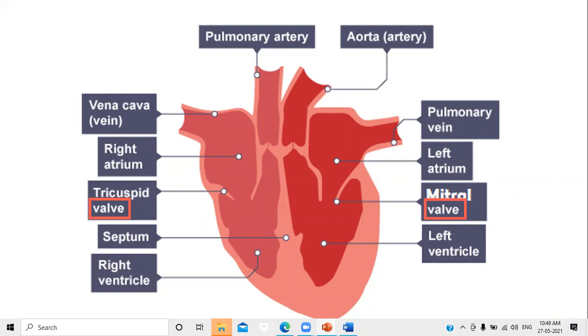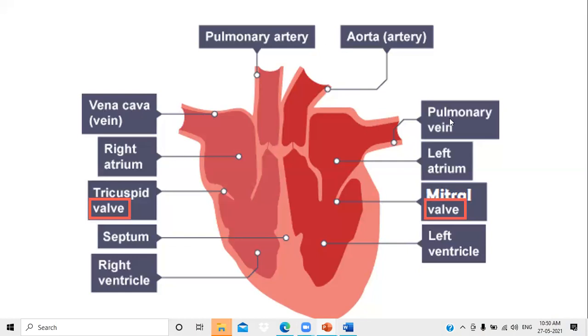And another tricky question. It's not so tricky now because you got the idea. All of the veins carry deoxygenated blood except... No, the vena cava is a vein and it is carrying deoxygenated blood. This is totally normal.